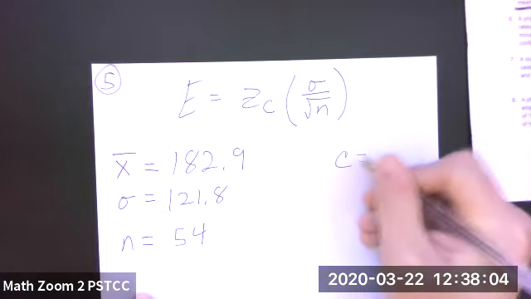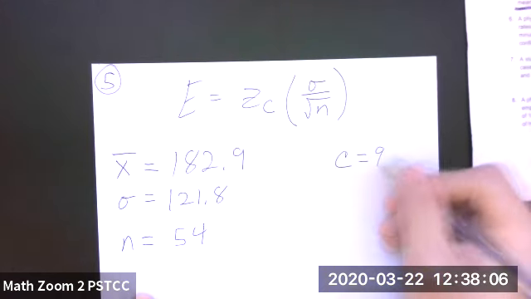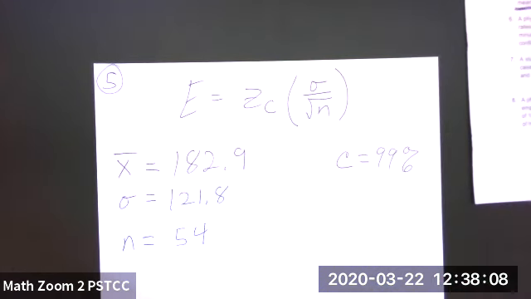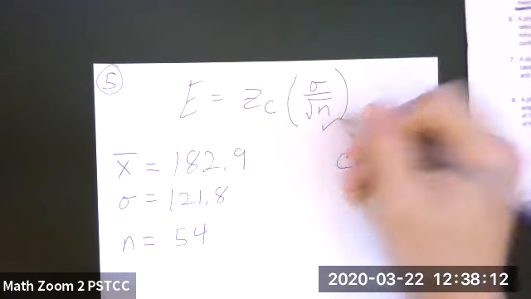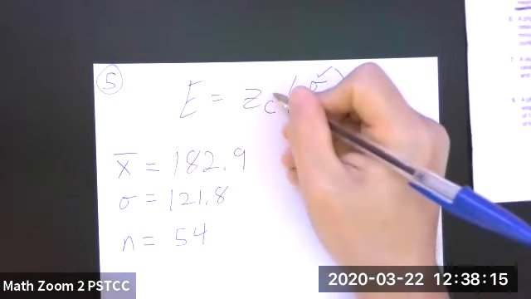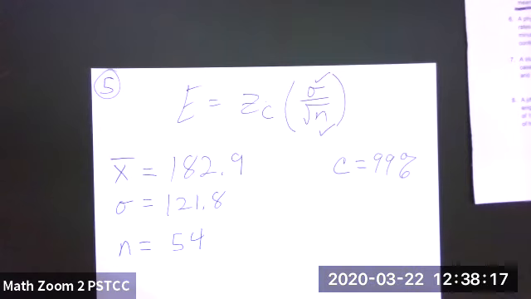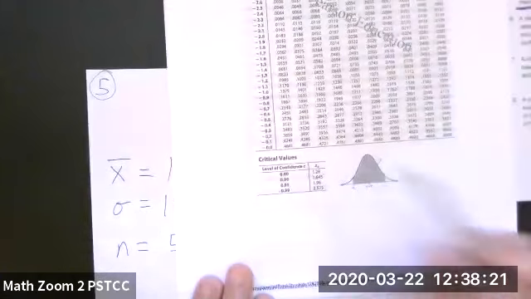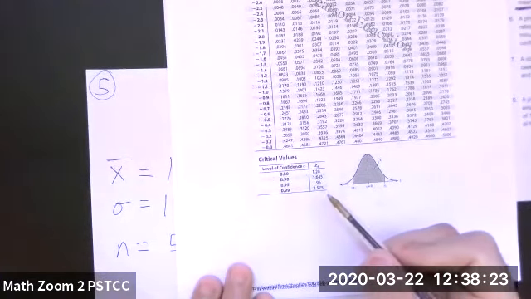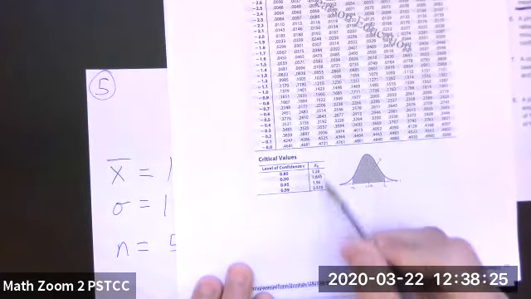The confidence level is 99%. We have most of what we need here. Again, we need to find z critical. If we go to our z chart, for 99%, the Z critical value is 2.575.